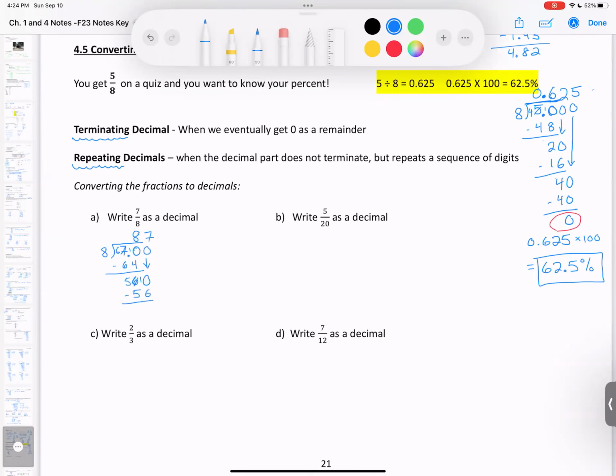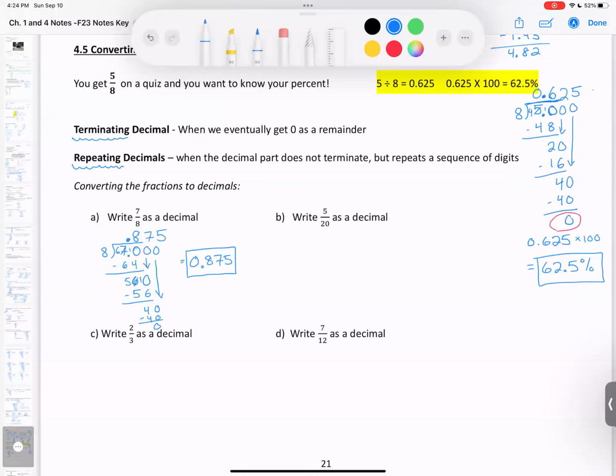And that leaves us with 4. We can drop down another 0. And 8 will go into 40 5 times. And we have no remainder left. So once we add our decimal in here, it's going to go right here. Our final answer then is 875 thousandths. So that is an example of a terminating decimal.